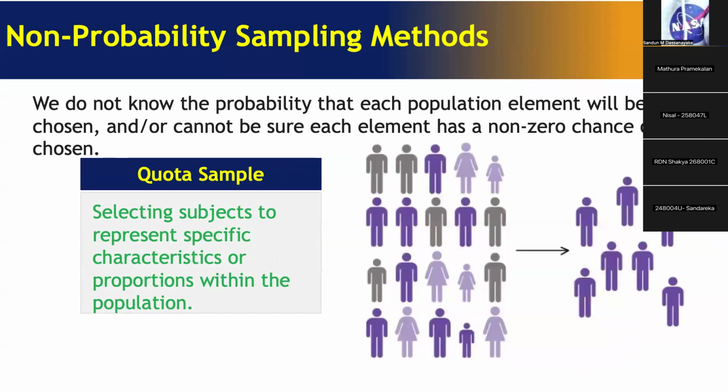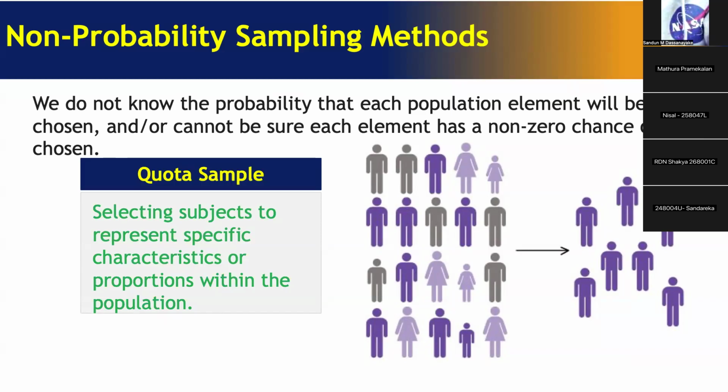And then we have quota sampling, selecting subjects to represent specific characteristics or proportions within the population. So there is a certain proportion of characteristics within the population, let's say ethnicity, gender or whatever. So we select the sample based on the quota, for example a sample fraction of 15 out of something like that.